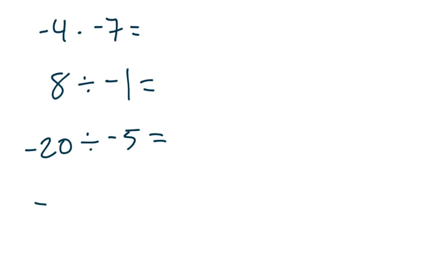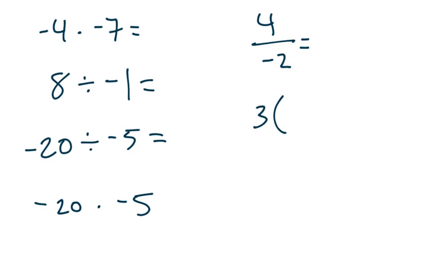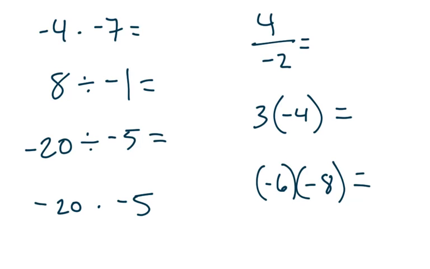And let's do -20 times -5. And then I'm going to write some of these a little differently. Let's do 4 divided by -2, and how about 3 times -4, and how about -6 times -8?